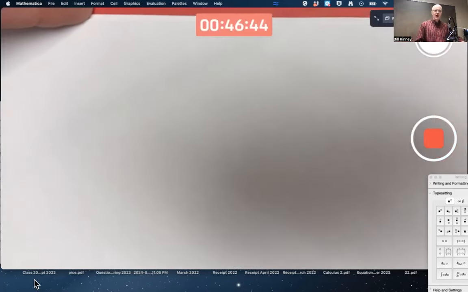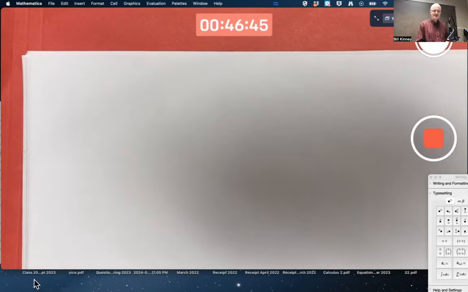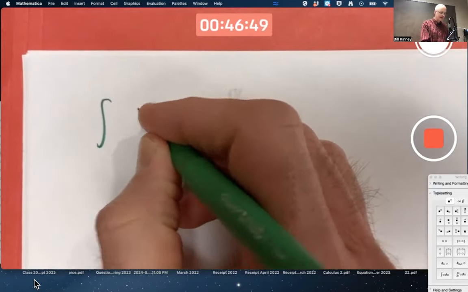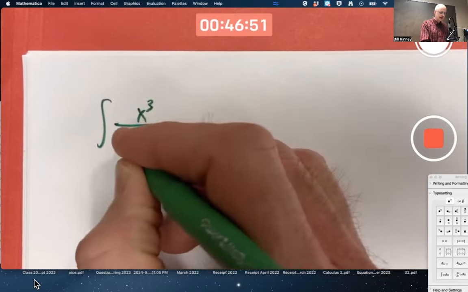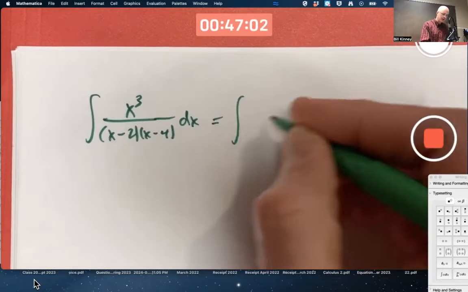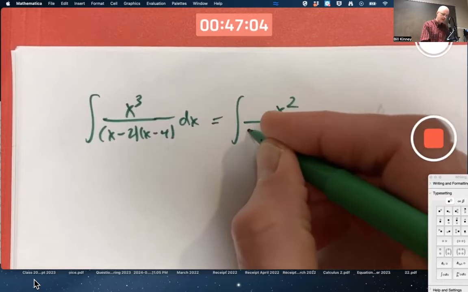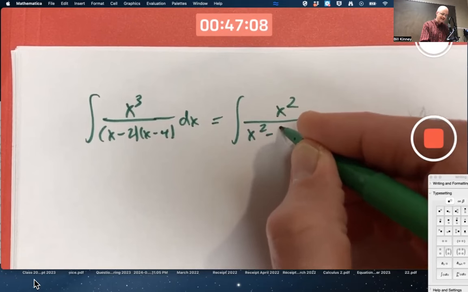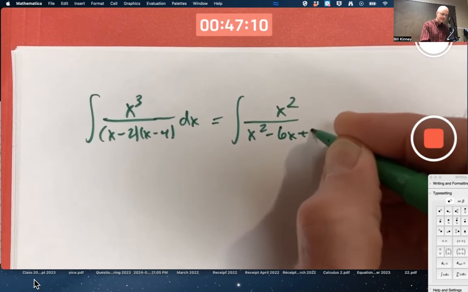One more partial fractions example today is to integrate almost the same function, except I'm going to put x cubed on the top instead of x squared. Well, and let me also rewrite the expanded form. The original function on the bottom was x squared minus 6x plus 8.